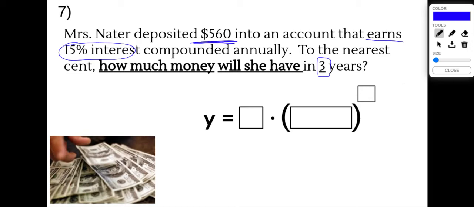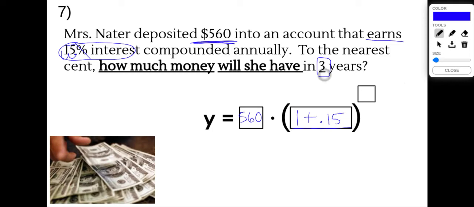You'll see why. So what's the beginning amount? 560. Let's put that in the first box. Okay. Now we are growing by a percent. So do you remember what we need to put here in our B value if we're growing by a percent? 1 plus. And then I'm going to take that percent, move the decimal back, take off the percent, and that's 0.15.